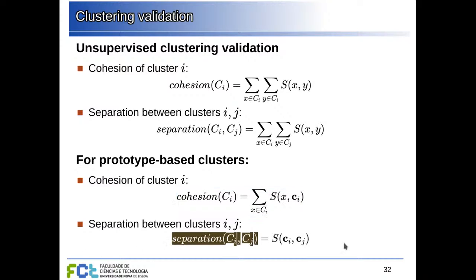And for separation, we can look just at the distance or the similarity between the prototypes. But this would be a special case for prototype-based clusters. The most important thing here is this idea of evaluating clusterings by looking at how cohesive, how tight the clusters are, and how well separated they are from one another.